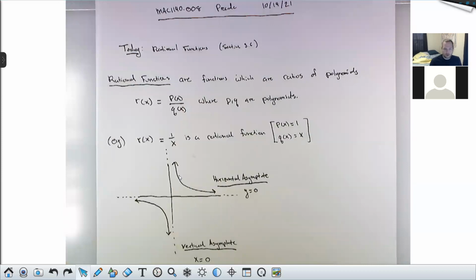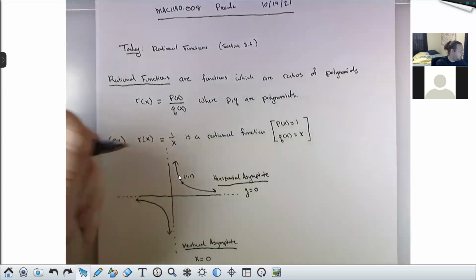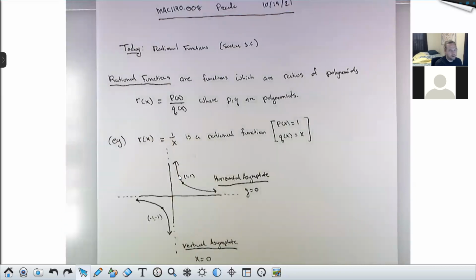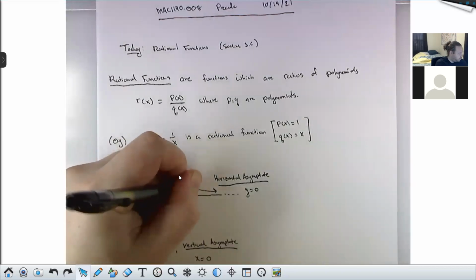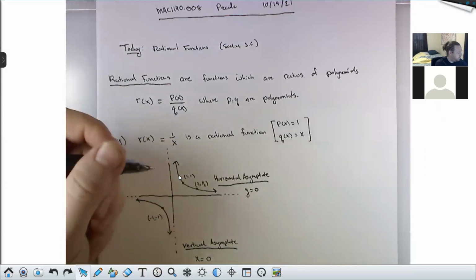Some points that are on this graph. Again, it's one of our parent functions. We should know this graph, but like 1, 1 is right here. -1, -1 is right here. This point would be 2, 1/2.